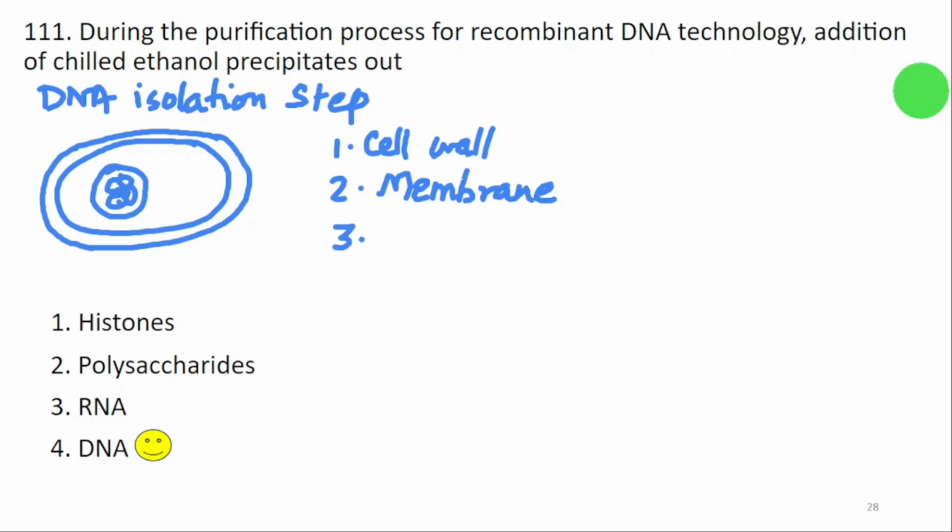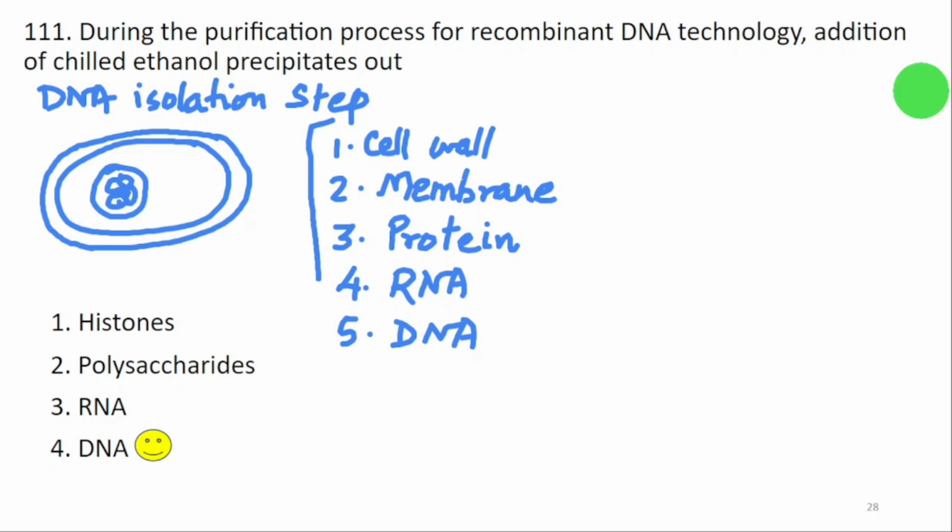Then we will have to get rid of the proteins present in the cytoplasm in the lysate, remove the contaminating RNA also, and then finally we will get DNA. So these four steps are essential to finally reach the level of DNA.